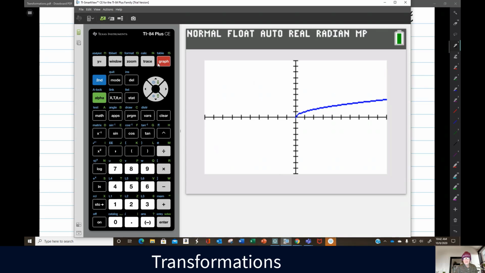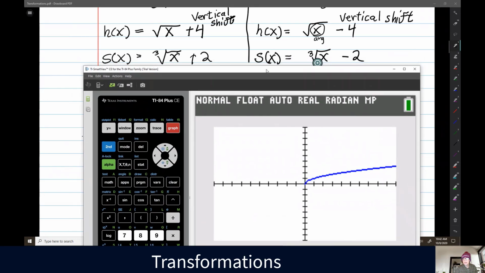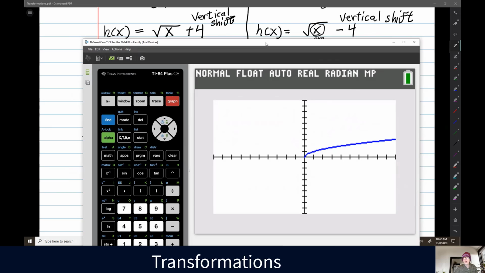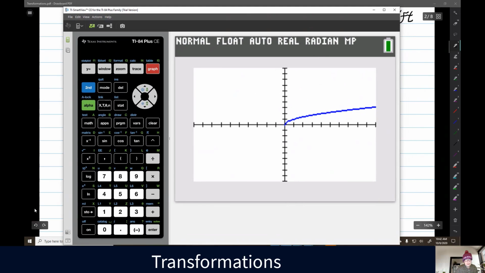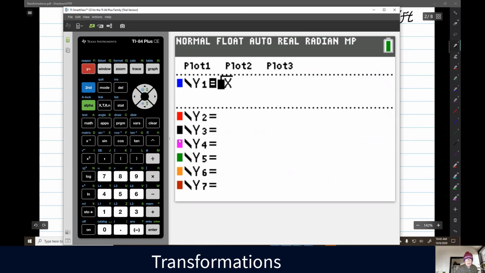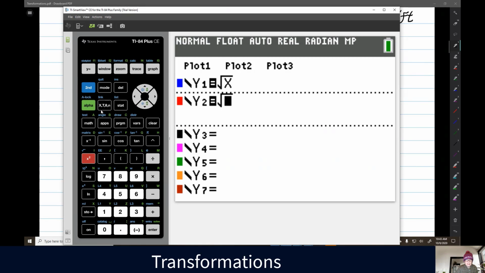If I want to move this up, let's say up 2, and then I'll move down, up 4, and then I'll move down 4. Okay, I'll come down to Y2. Second x squared gives me the square root of x, and right arrow key or close parentheses. Very important your parentheses be closed now.